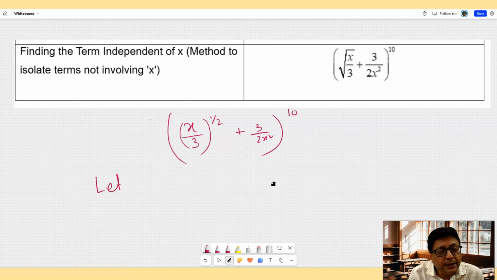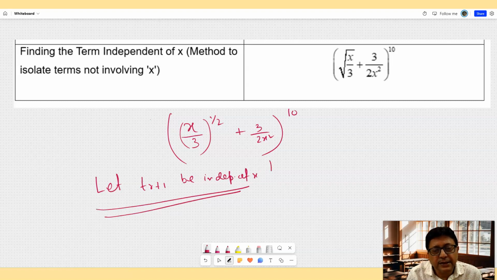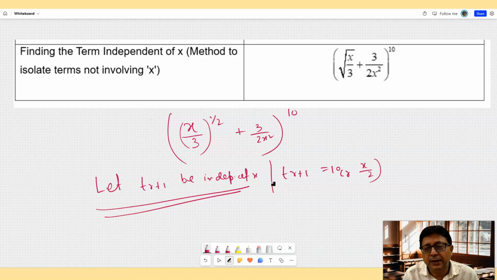Let T(r+1) be independent of x. Now what is T(r+1)? It is 10Cr (x by 3) to the power half, so this is nCr a to the power n minus r, so it will be n minus r by 2, and (3 by 2x squared) to the power r.